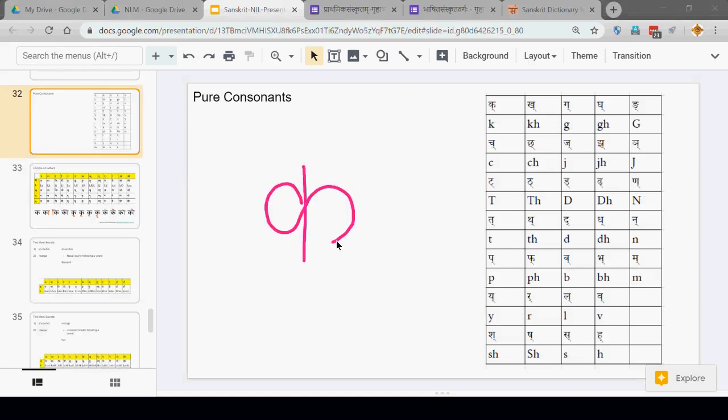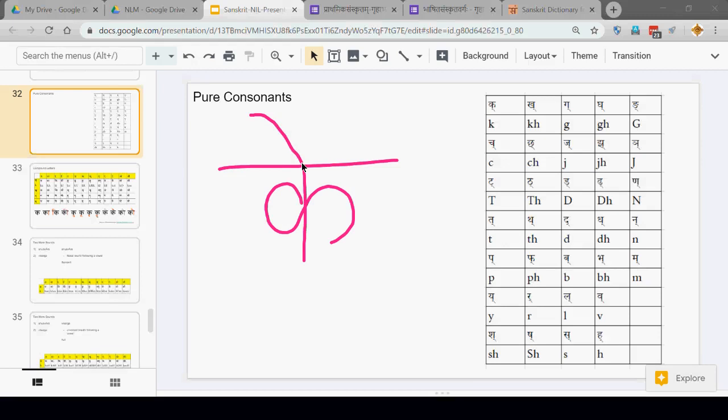So once again, K, base symbol. Then if we just add one more line after that, vertical line, it becomes Ka. Now, if we add a slant line left to right, like this, it becomes Ko. Remember, for K, we did not add any vertical line after the base symbol.